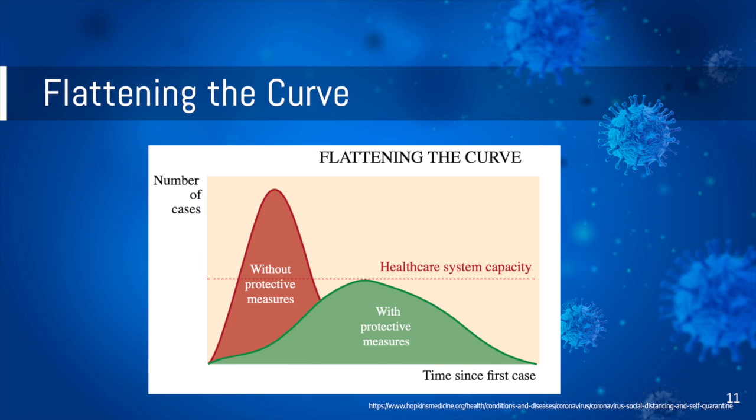If we did none of this, the number of cases would spike dramatically and then spike downwards. But then the healthcare system wouldn't be able to treat as many people as it can if we slow it down and spread it out.